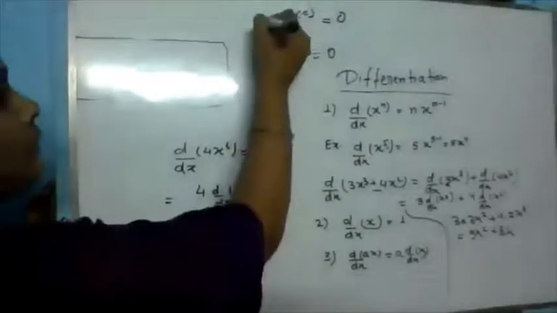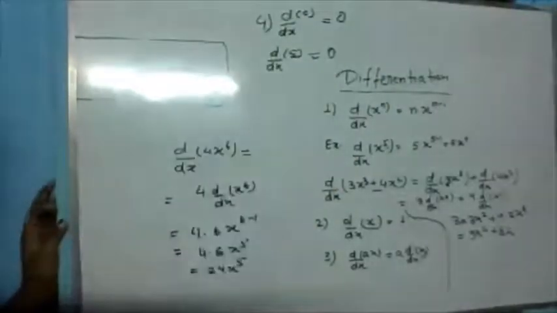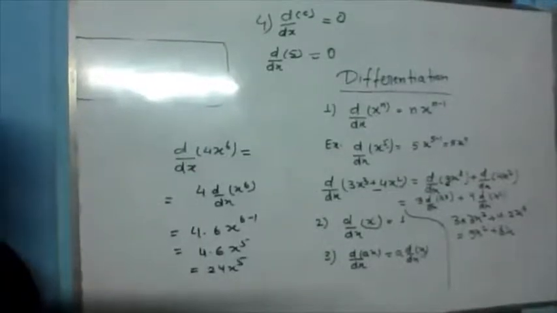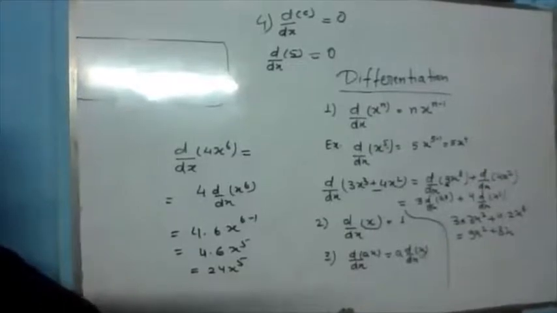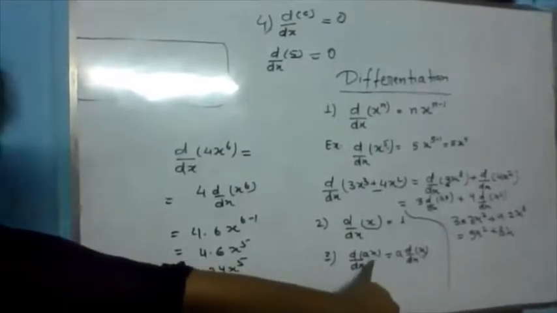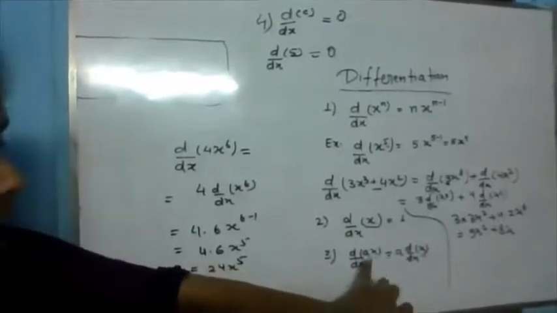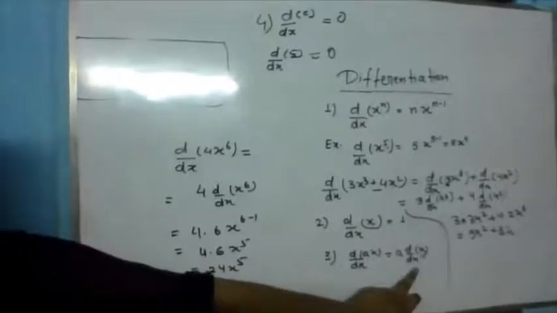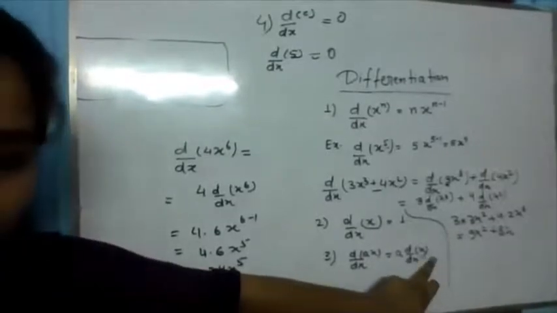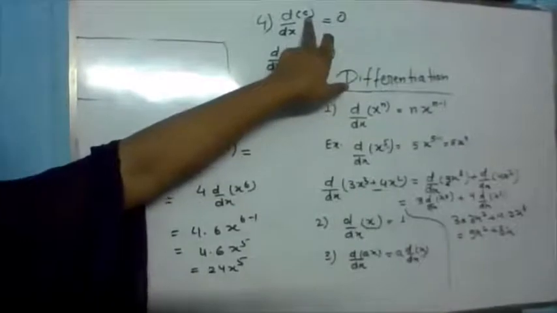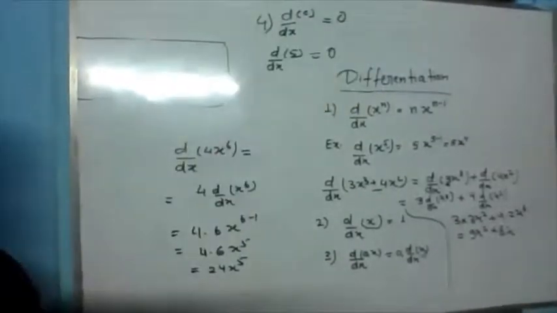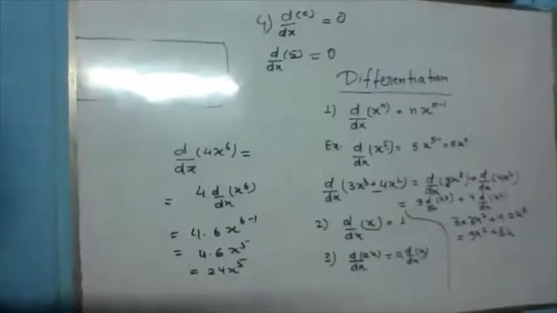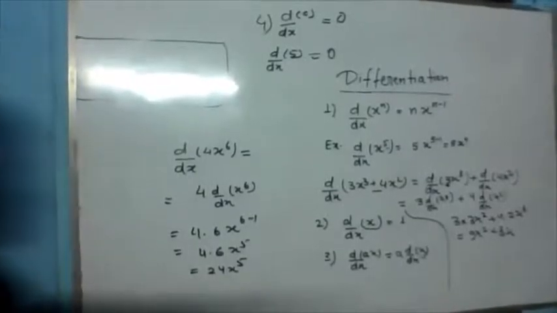Note down all these formulas, or I will provide you the recording, so don't worry about this. Just try to understand. If I have any constant term with a function, then I will take out that constant and operate this operator on the function. And if I have only a constant term, then I will get 0.